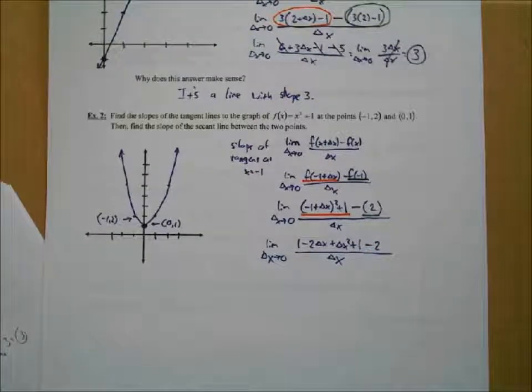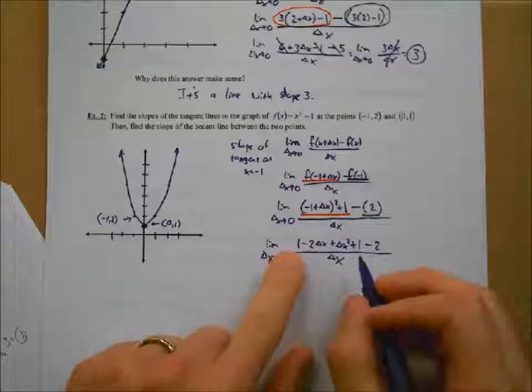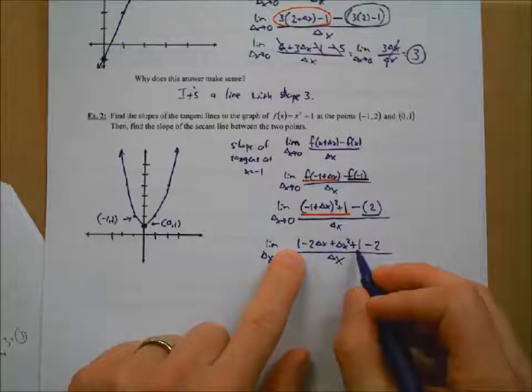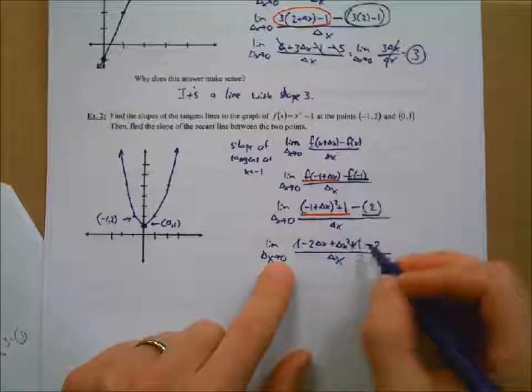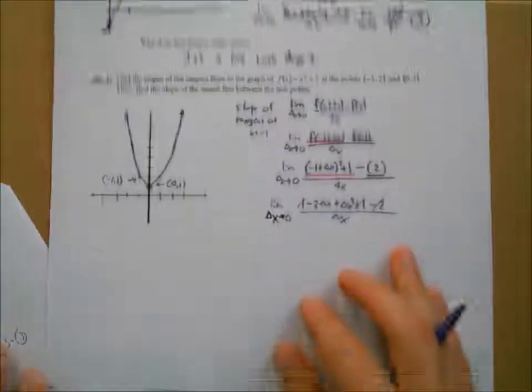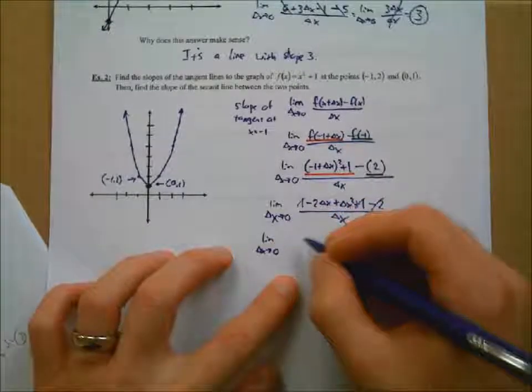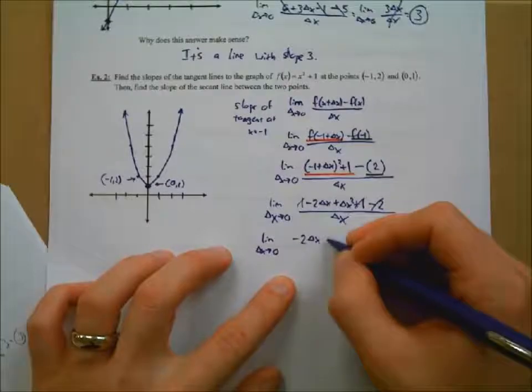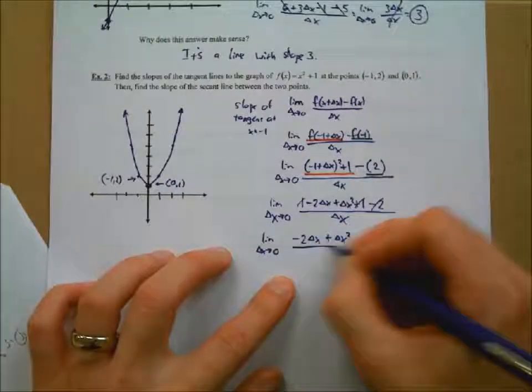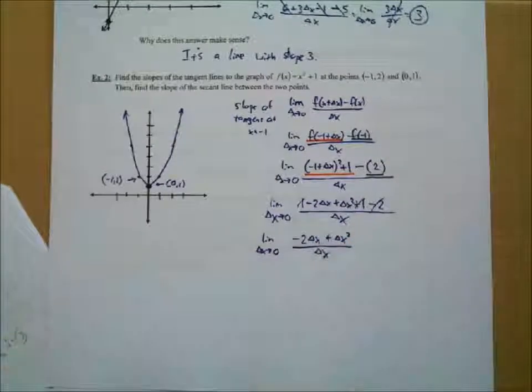Does anything simplify in this scenario? Yes. What can cancel out? 1 plus the 1 is going to make 2. Minus 2 will give us 0. So the 1's and the minus 2 will cancel, making 0. Well, great.